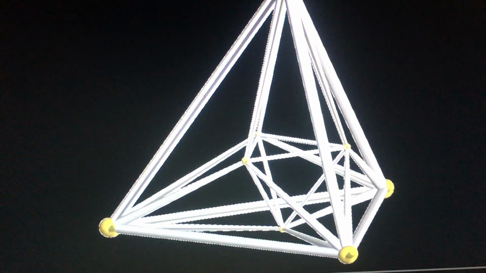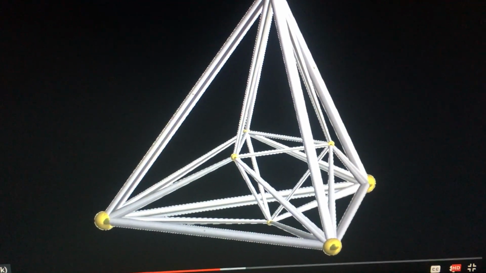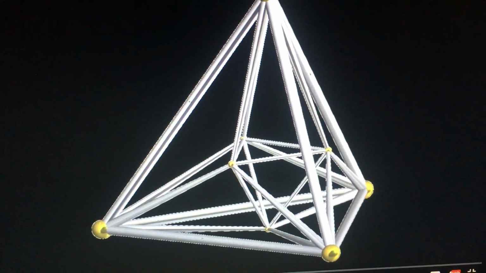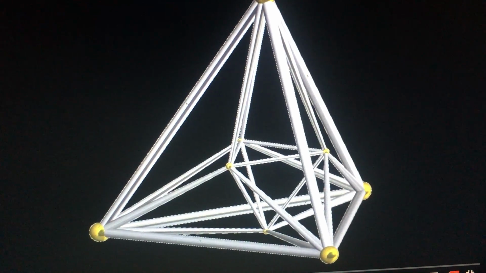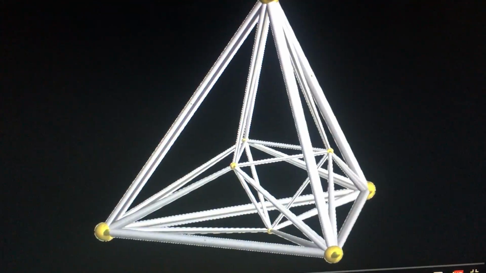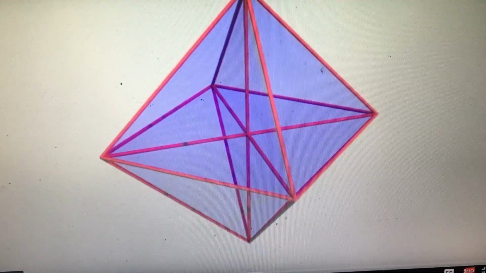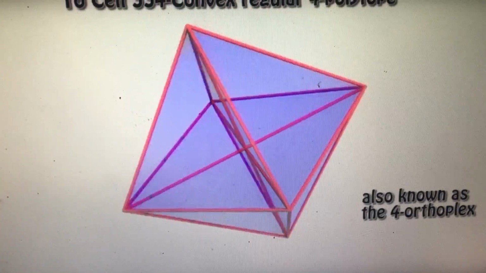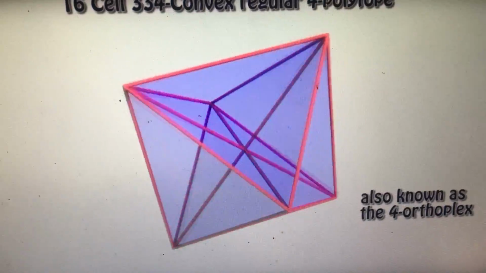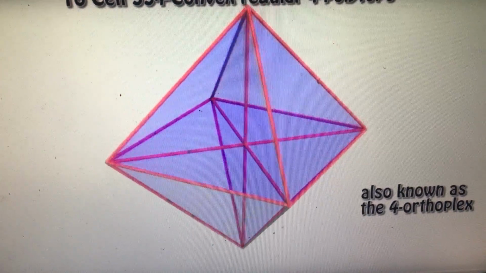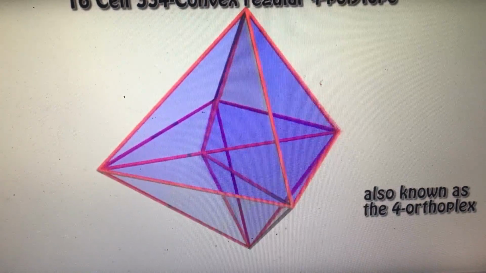The counterpart of the octahedron in 3 dimensions, the 16-cell regular polytope in 4 dimensions, sometimes called a 4-orthoplex, is dual embedding to the tesseract or 4-dimensional cube in the same way as the octahedron is to the cube in 3 dimensions, and so vice versa as well.